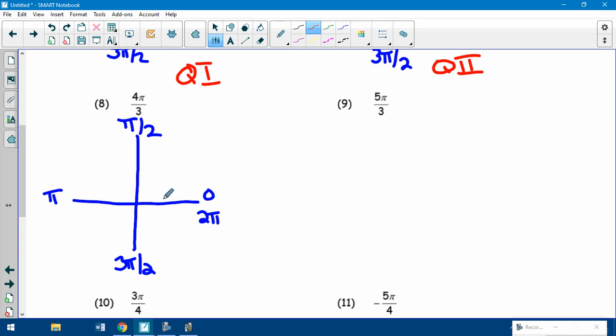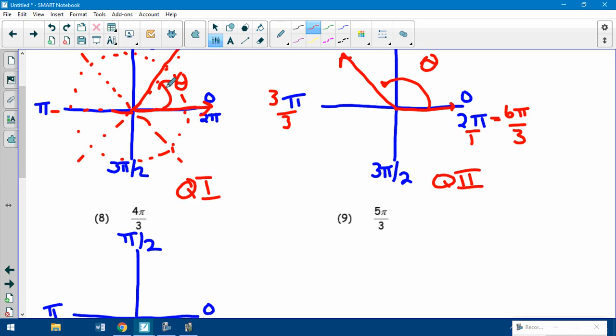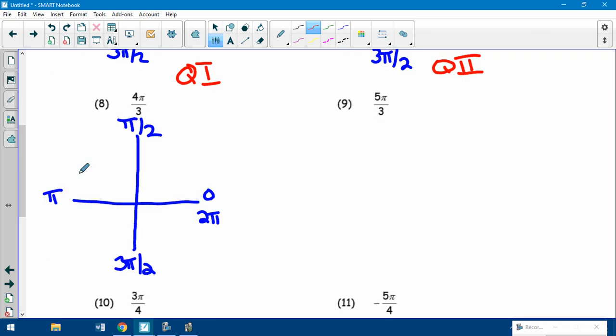If you want to think about it in terms of pizza slices, I would take 1, 2, 3, 4 pizza slices. So the 3 on top plus 1 more puts me in quadrant 3. Or my way, I would say this is 3 pi over 3. And 4 pi over 3 is just 1 more than 3. So if I go 1 past 3 pi over 3, I end up down here. Label it as theta, and say you're in quadrant 3.